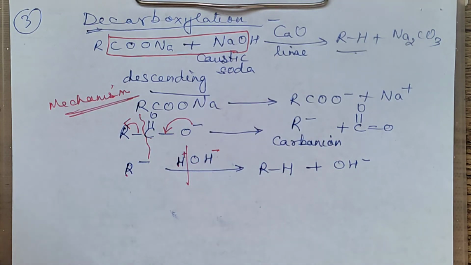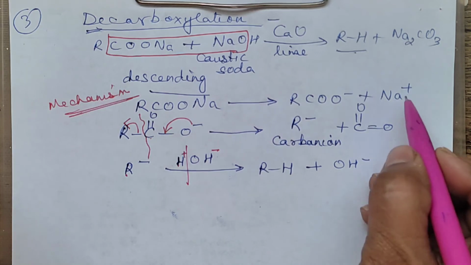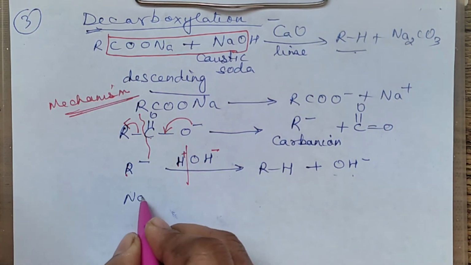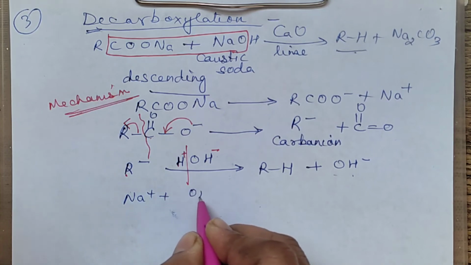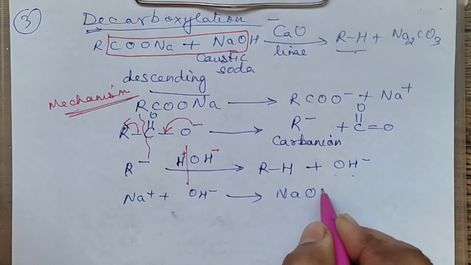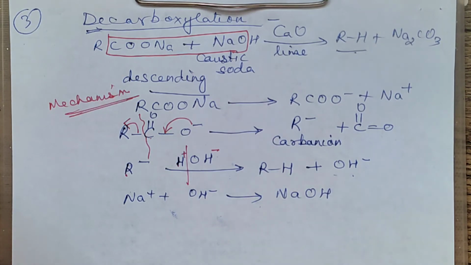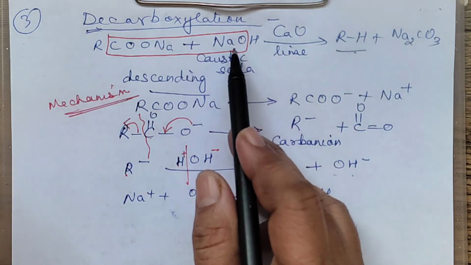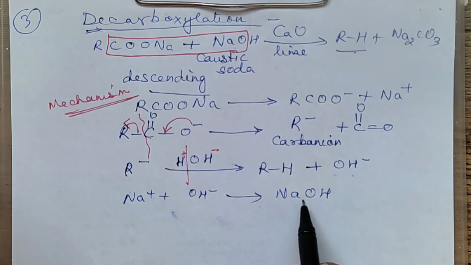Fine. Now what happens finally is this Na plus and this OH minus will combine, and it will result in the formation of NaOH. We used NaOH in the beginning also. So there are two NaOH now.